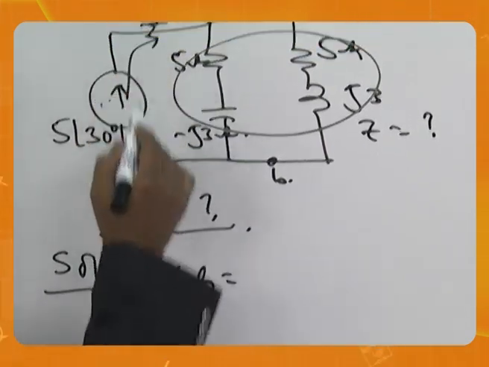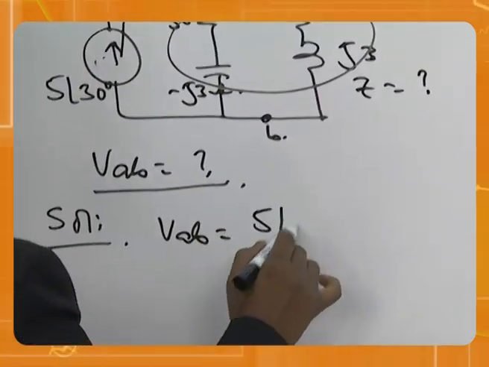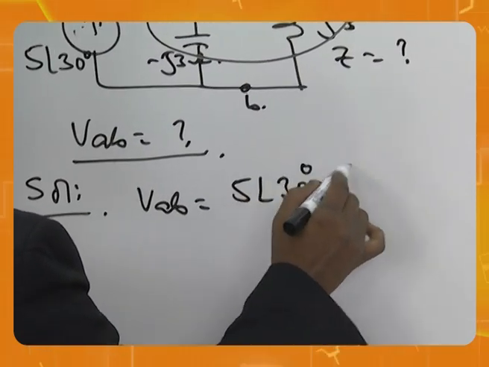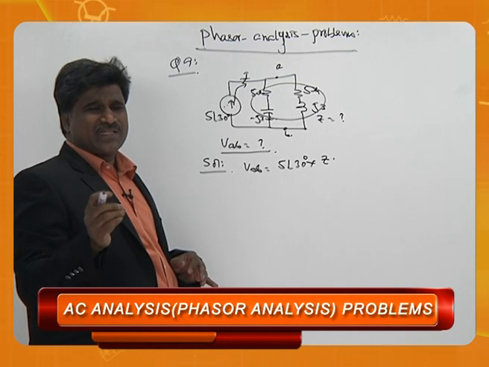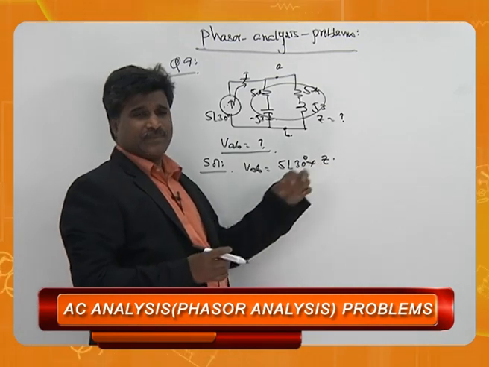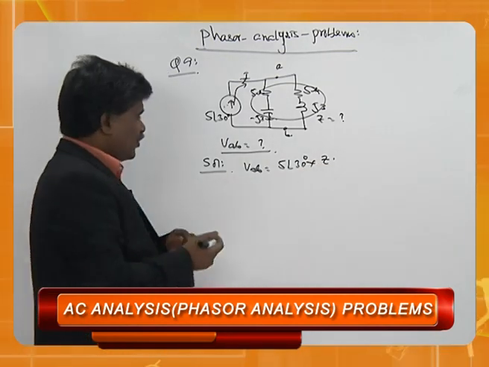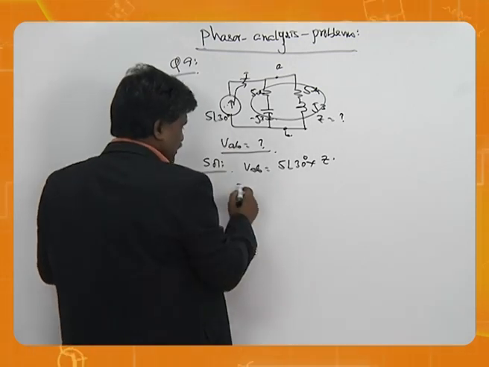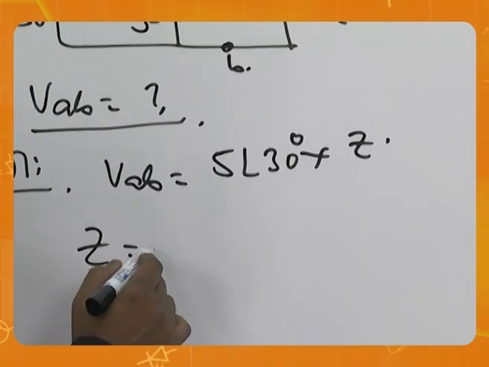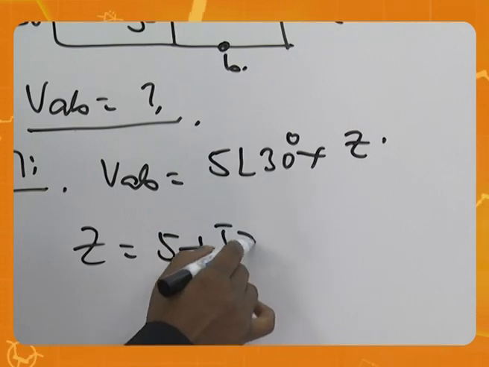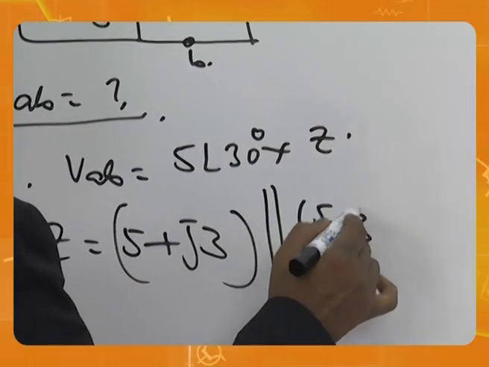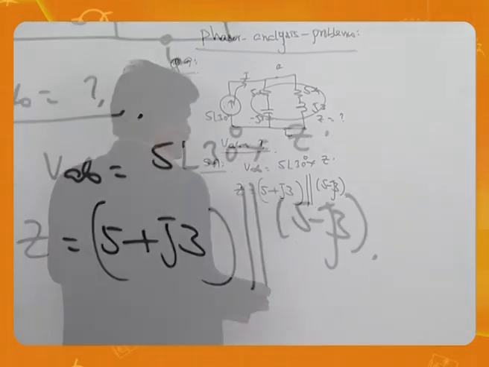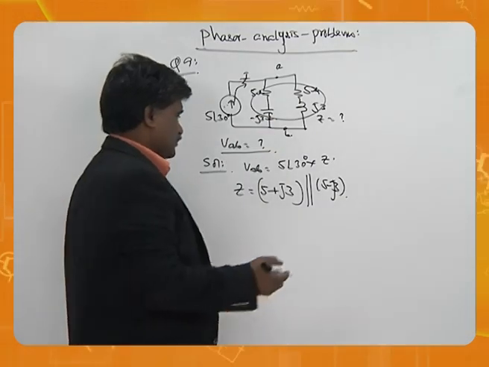This I is anyway going there. 5 angle 30 into Z. So the remaining concept is coming upon this. Now how do I say Z here? The value of Z is 5 plus J3 parallel 5 minus J3, because these two are in parallel.